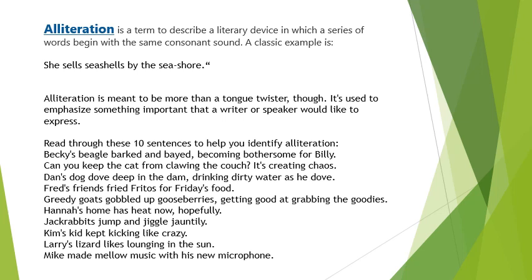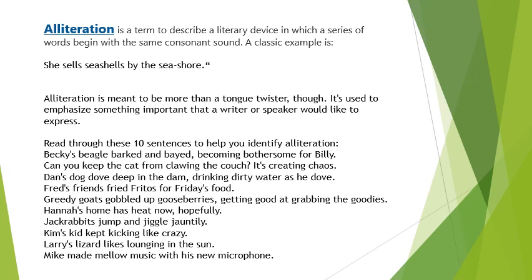Alliteration is a term to describe a literary device in which a series of words begin with the same consonant sound. Basically, the repetition of same consonant sounds is alliteration. What is consonant? The alphabets that are not vowels.